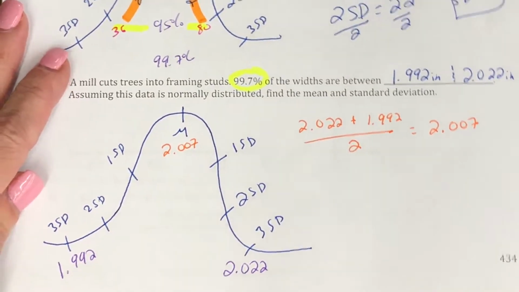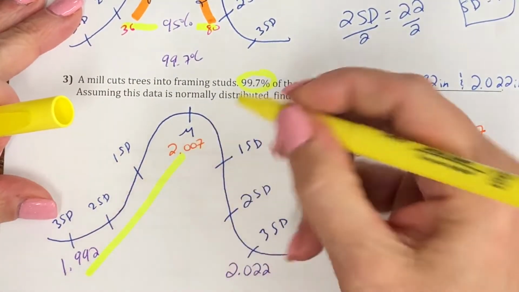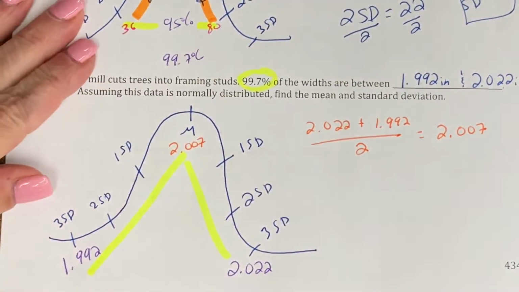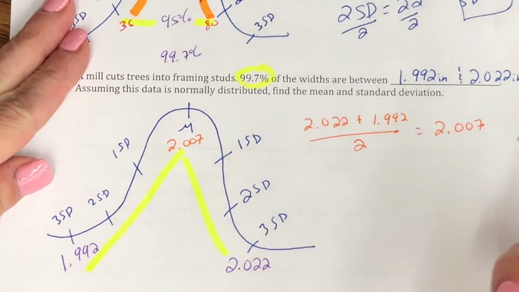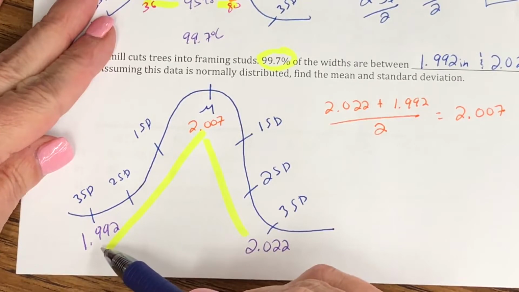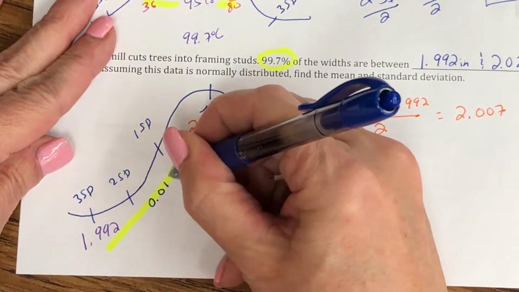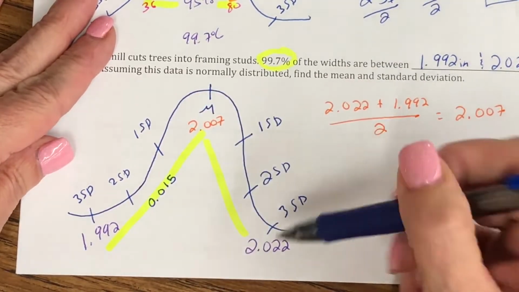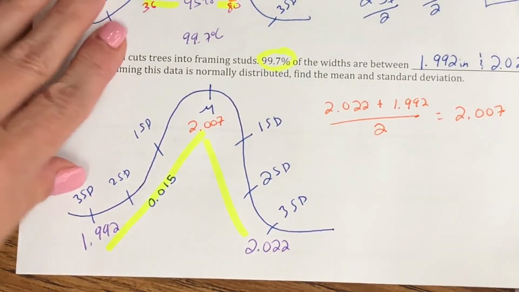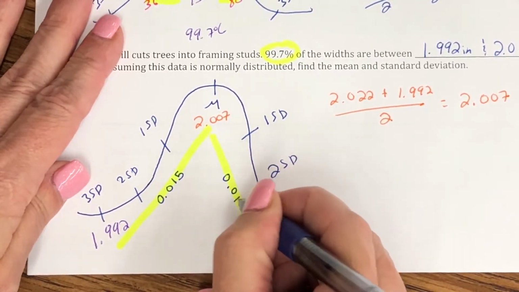Okay, now I need to find how far apart these are. So if I do 2.007 minus 1.992, I get 0.015. And if I do 2.022 minus 2.007, I get 0.015.